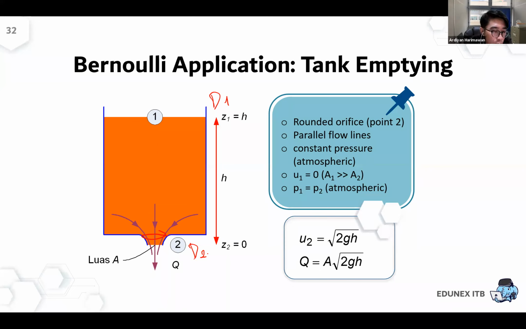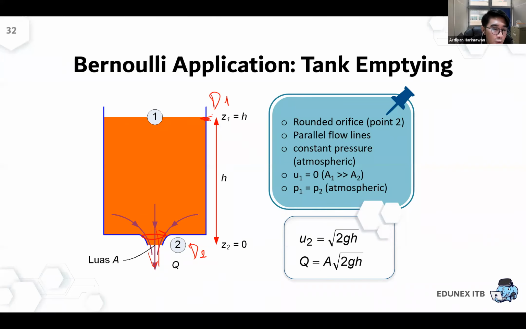What happens when you have a hole at the bottom of the tank? Water will flow out, right? However, for this case, since the tank is very big, even though water is flowing out, the head at point 1 remains constant, so it does not go down.